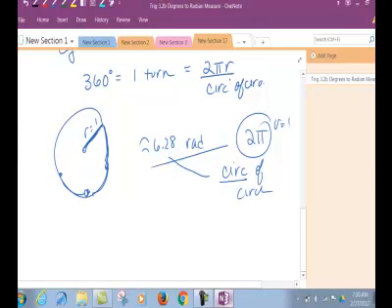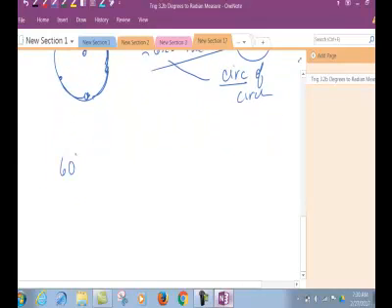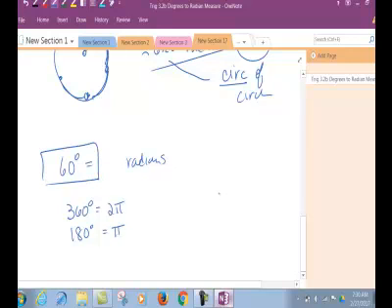How is it that we change? We'll start with degrees. I want to know 60 degrees is how many radians? We know that 360 degrees is equivalent to 2 pi radians. We're going to make this easier and say that's the same as saying 180 degrees is pi. So we can change 60 degrees to radians by setting up a proportion. Everybody loves a proportion.